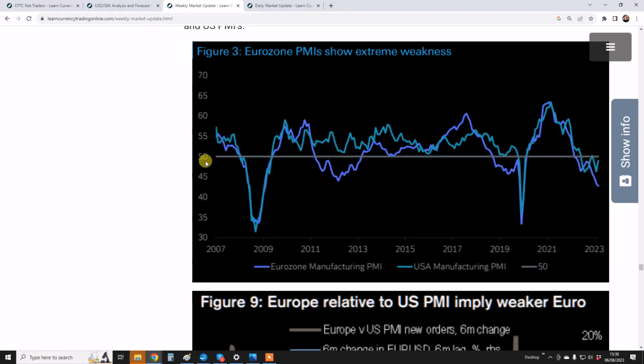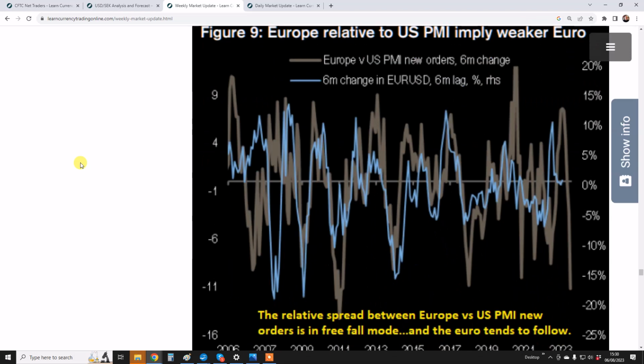The US is holding up better than the eurozone. This is Europe versus US PMI new orders, 6-month change, against euro USD. There's a lag. So there go the new orders. Basically, eurozone going down, euro USD should follow.